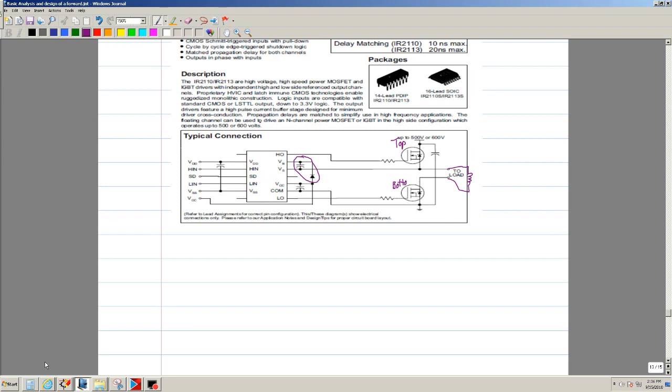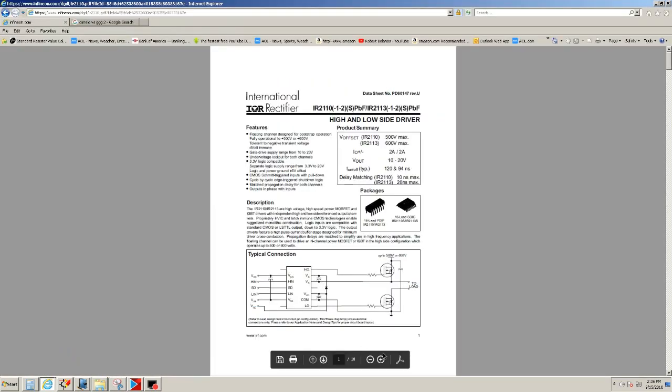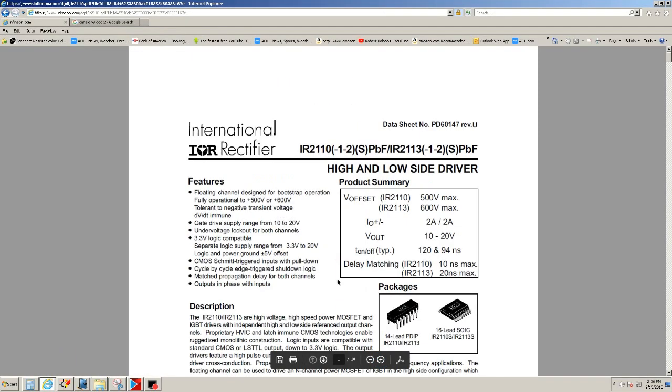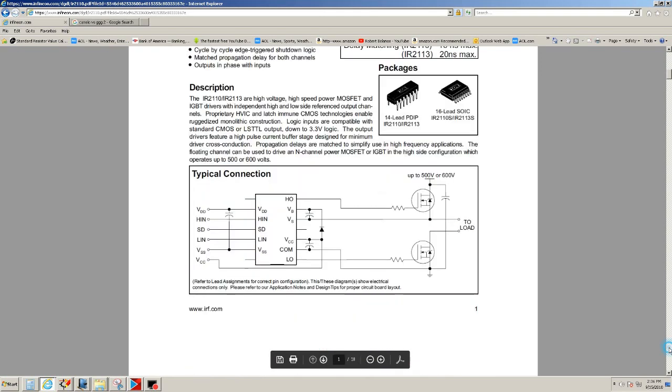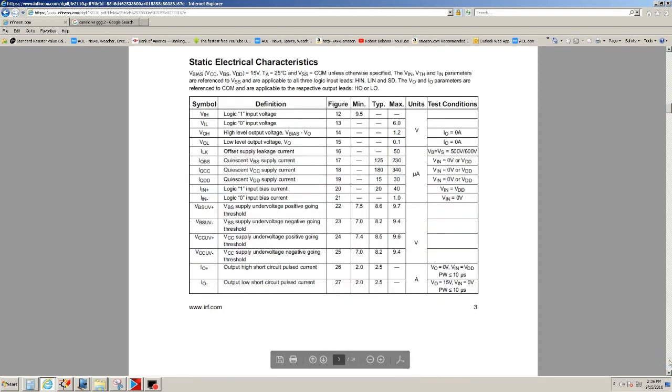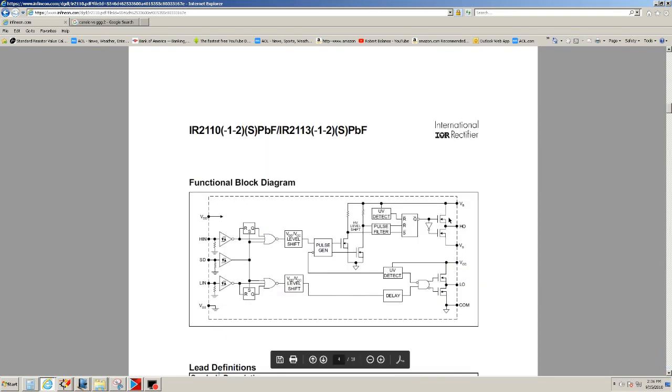Let me see if I have the website. Here is the data sheet. So let's take a look at the inside structure, and basically you have a driver for the top and a driver for the bottom.